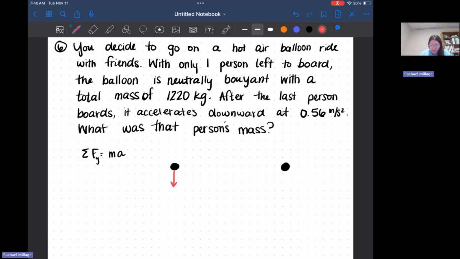So I have a downward weight of 11,968.2. And we said it's neutrally buoyant, so it's not going anywhere, which means the sum of forces in all directions is equal to 0. So I must have an equal and opposite 11,968.2 newtons.